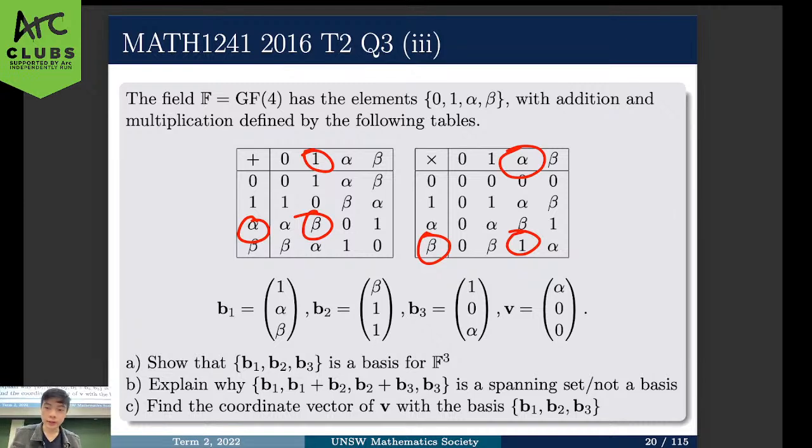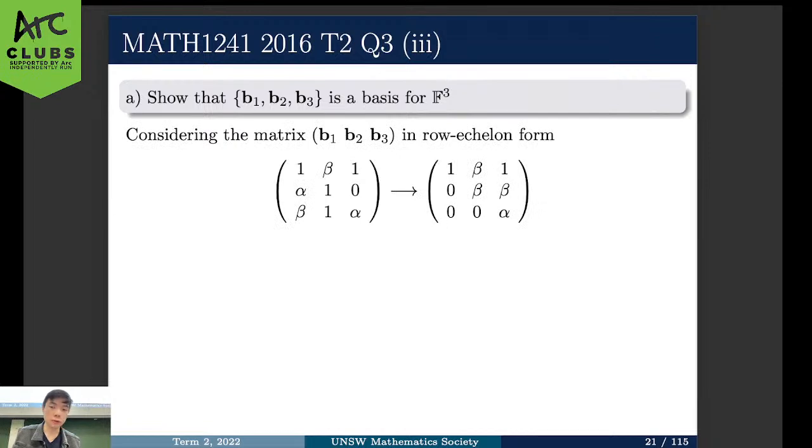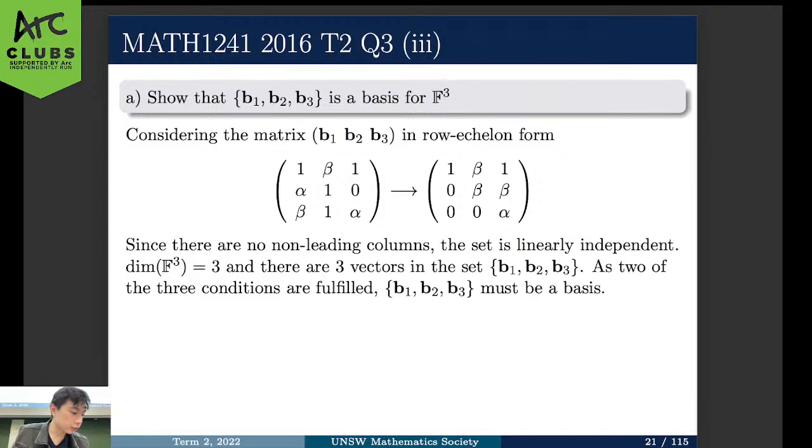So the first part is to show that it's a basis. And to show that it's a basis, we first want to prove that it's linearly independent. So what we do is we put it into a matrix and then row echelon form. And we see that it has 3 leading columns, and since there are 3 vectors, we know that there are no non-leading columns, so the set is linearly independent.